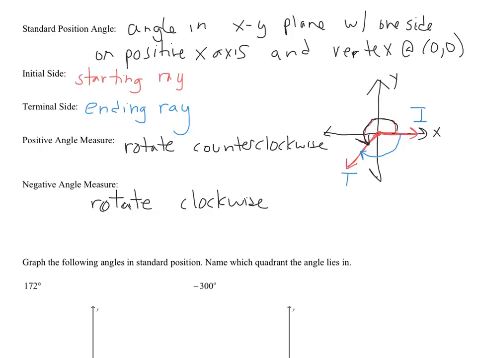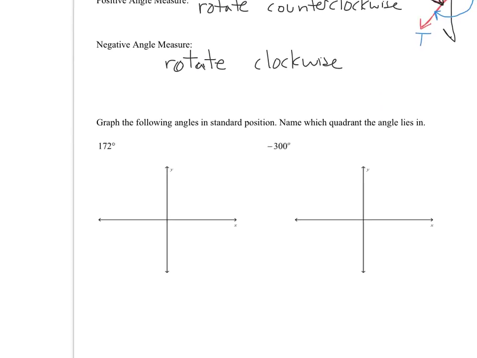So I can use this information to graph a couple angles. A 172 degree angle is really big, bigger than a 90, obviously. If I'm going to graph this in standard position, I first start the initial side along the positive x-axis.